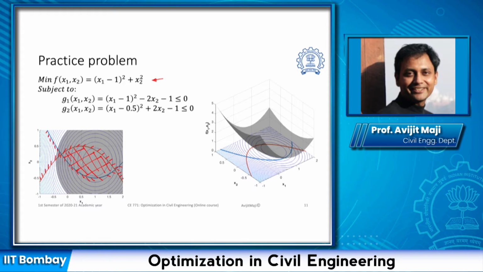And in this particular problem, you can clearly see my minimum point lies at 1 and 0, which is inside the feasible region but not on any of the constraints, indicating that none of the constraints are expected to be active, but both constraints are going to be satisfied.